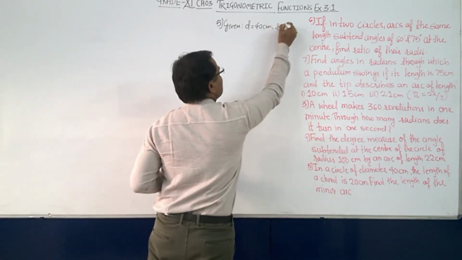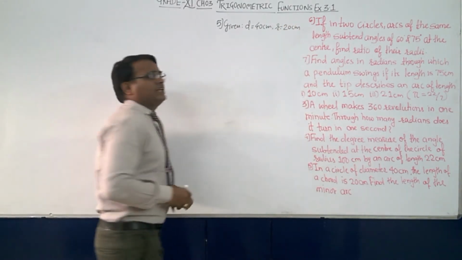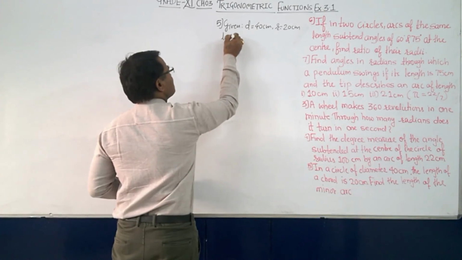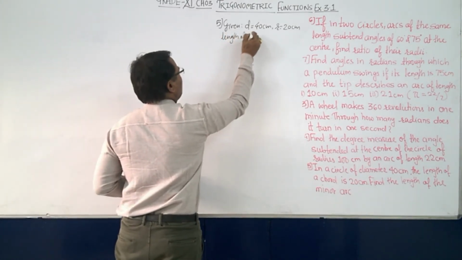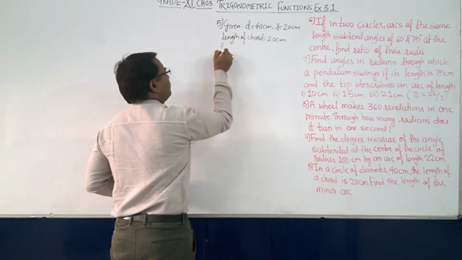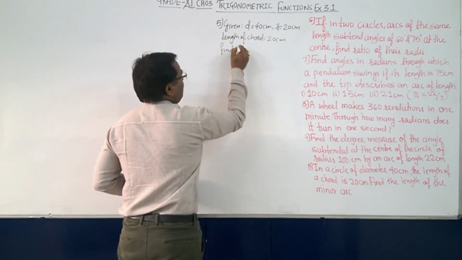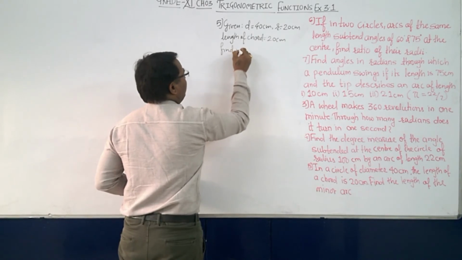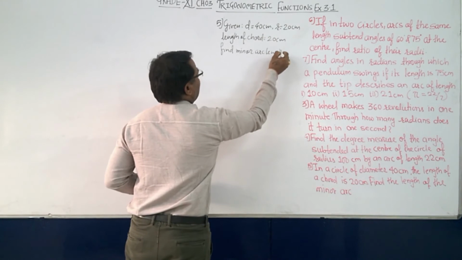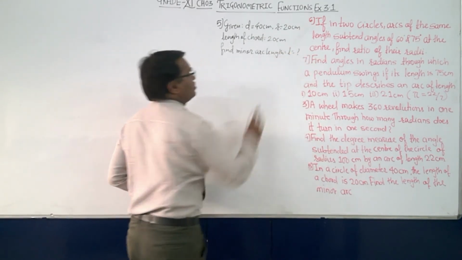So r is equal to 20 centimeter. Is that okay? Now the length of the chord is also given. Length of chord is also 20 centimeter. What to find out? Find the minor arc length. That is nothing but L, question mark.